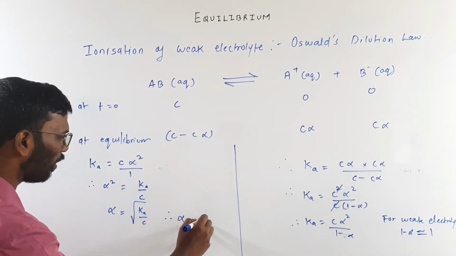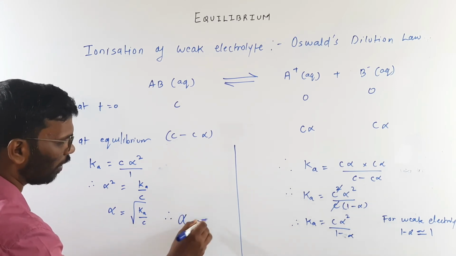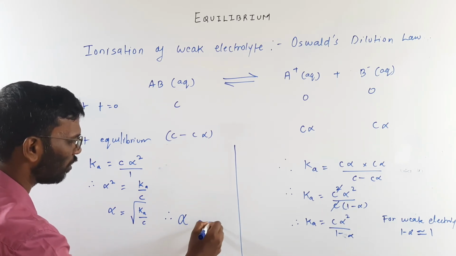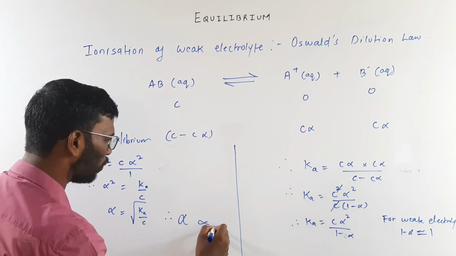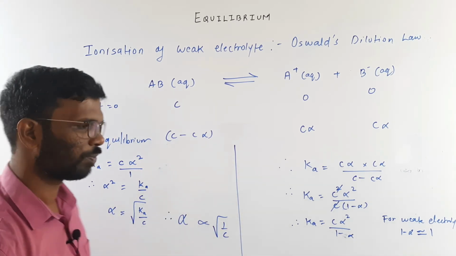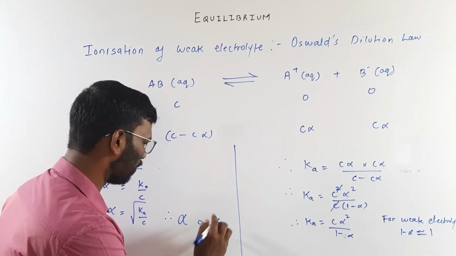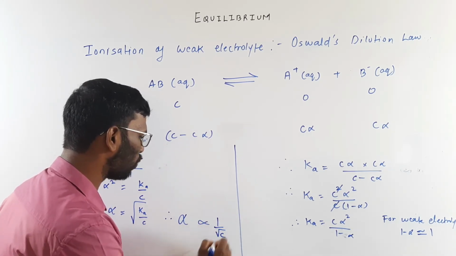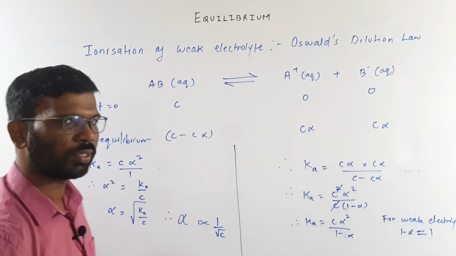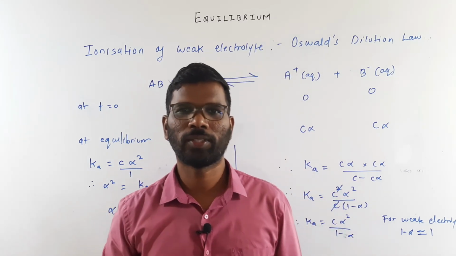Therefore, alpha is directly proportional to the square root of 1 by C, because Ka is a constant. Inversely proportional to the square root of C. I can write this way because Ka is a constant over there. If you put the proportionality sign, you will not need to introduce Ka.